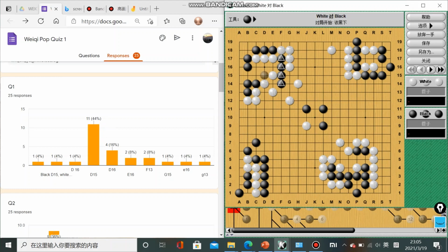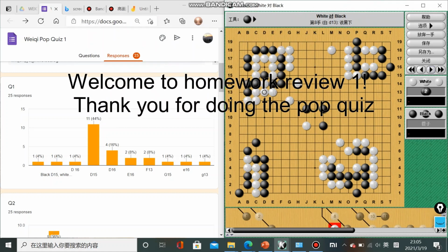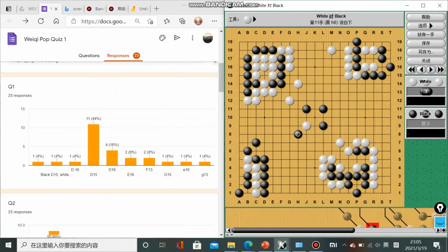11 of you got it correct. The important way to cut the white into two parts is D15. In this way, if white plays like this, it will result in a snapback capture.